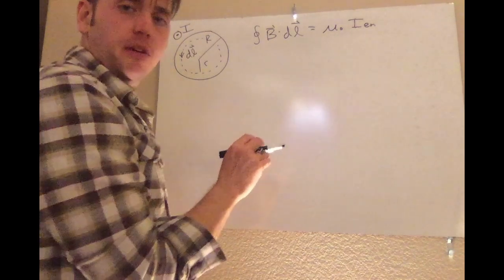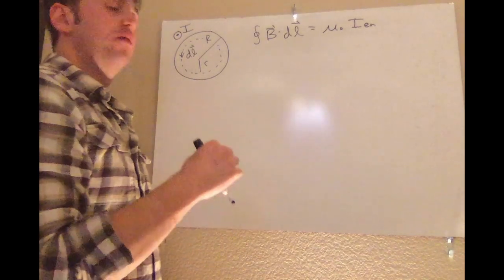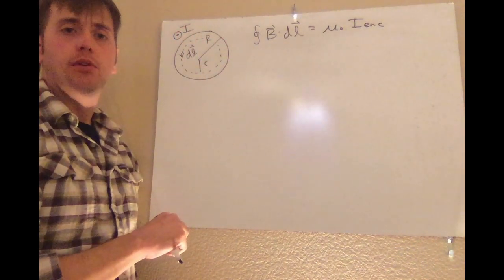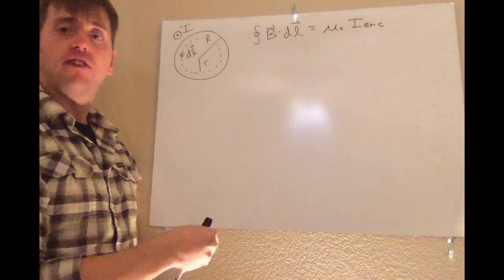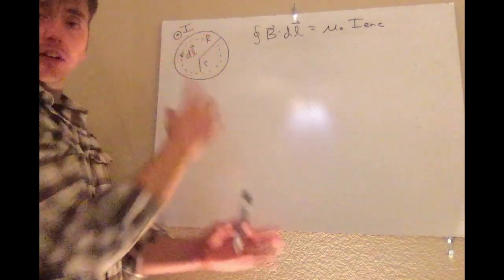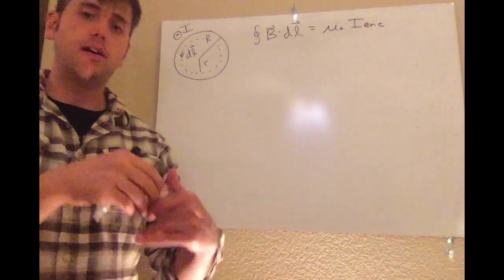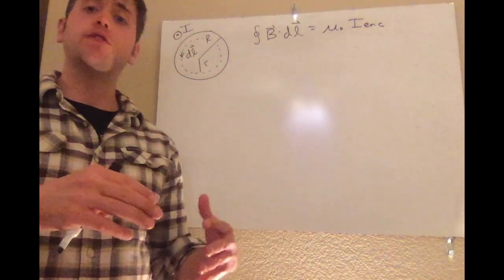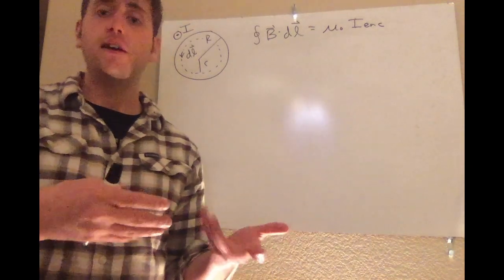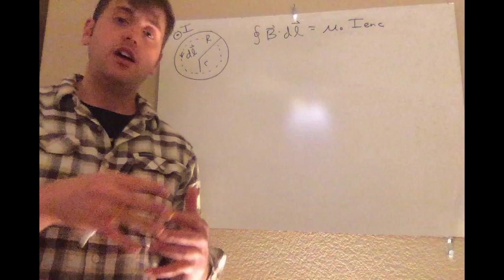And the way we want to conceptualize this is whatever fraction of the total area that we're enclosing with this loop, we're enclosing that same fraction of the total current. So in other words, if this encloses 50% of the total area, then it should also enclose 50% of the total current, right? Because the current is just uniformly spread out across that area.